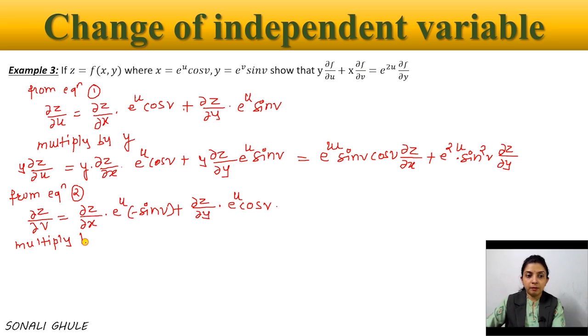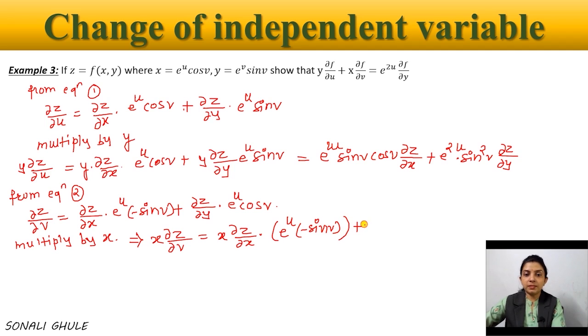What do I get? x into dou z by dou v is equal to x into dou z by dou x into e to the power u minus sin v plus x into dou z by dou y e to the power u cos v. Okay. Now next is what?